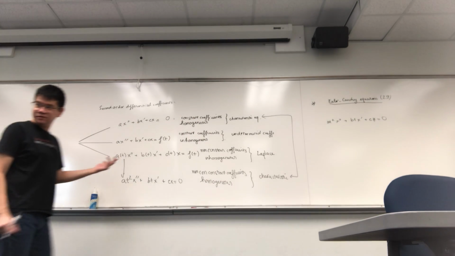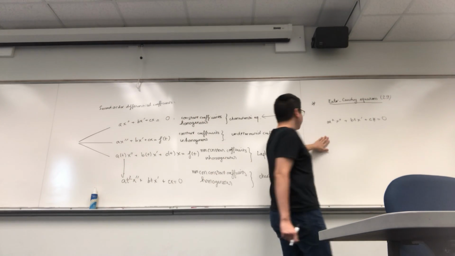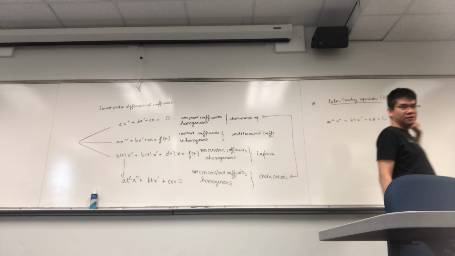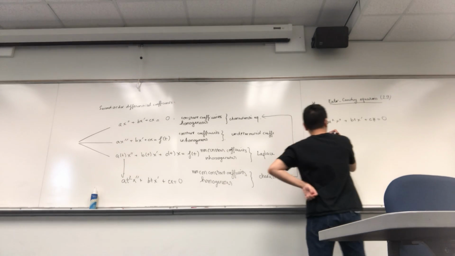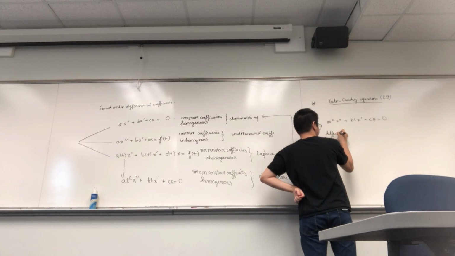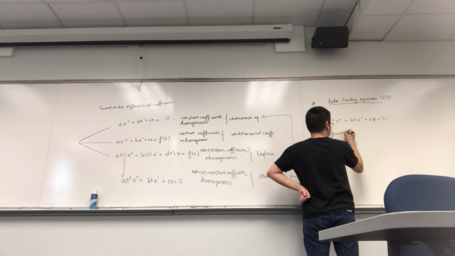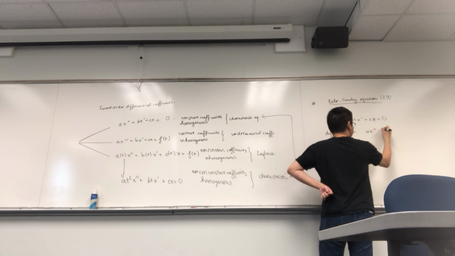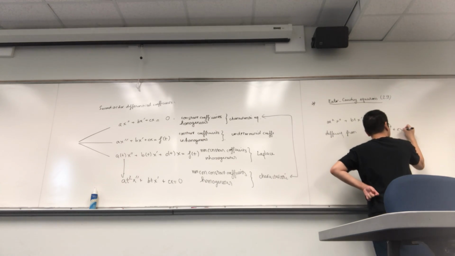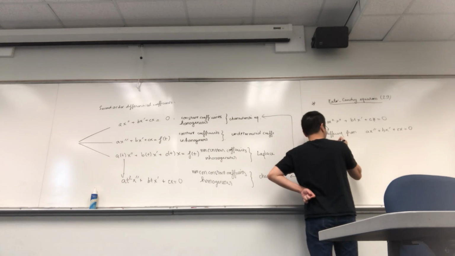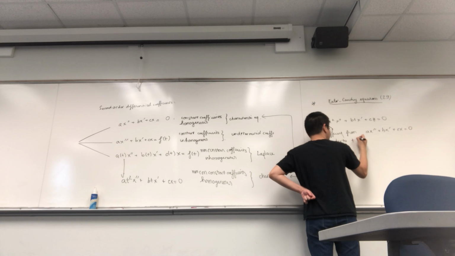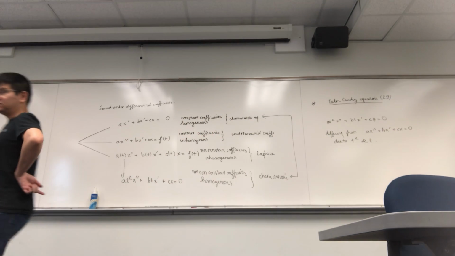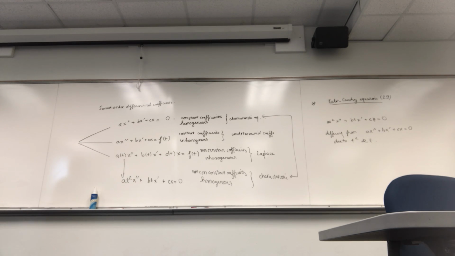This equation is completely different from a x double prime plus b x prime plus c x equals 0, because in this equation you have t squared and t.